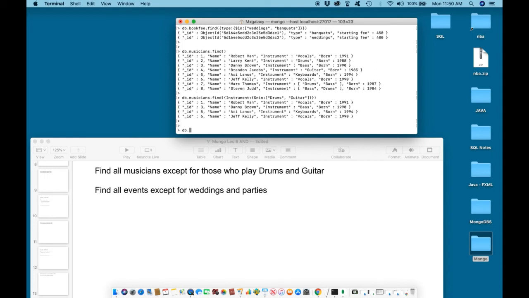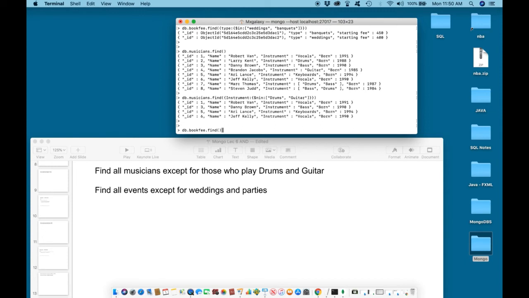This time, we are looking to find all events except for weddings and parties. Well, we know that we have information about weddings and parties inside of the book fee collection. Therefore, we need to use book fee. db period book fee period find parentheses.